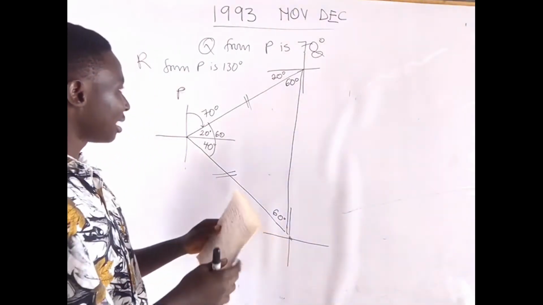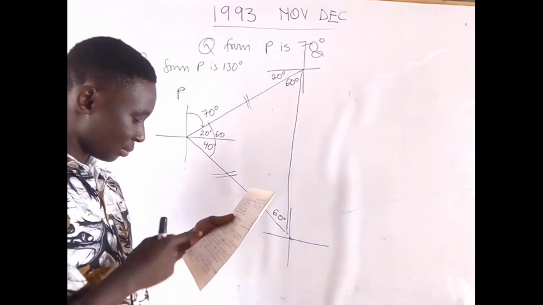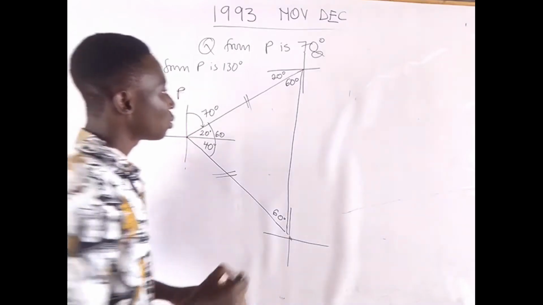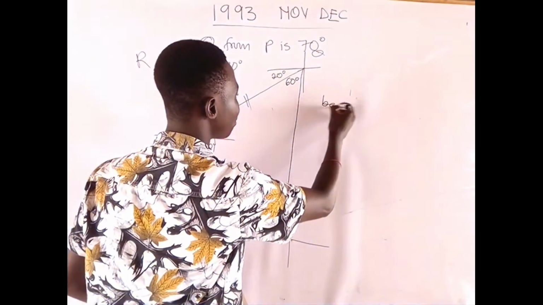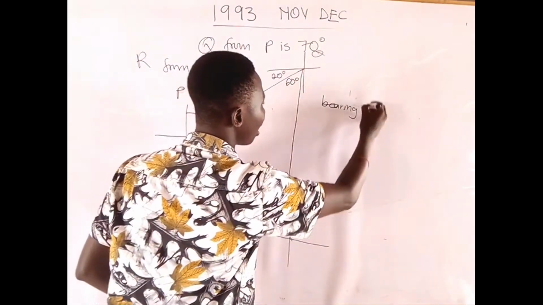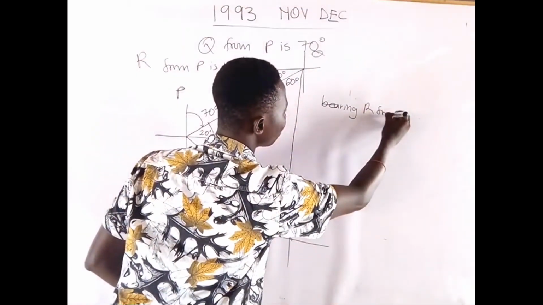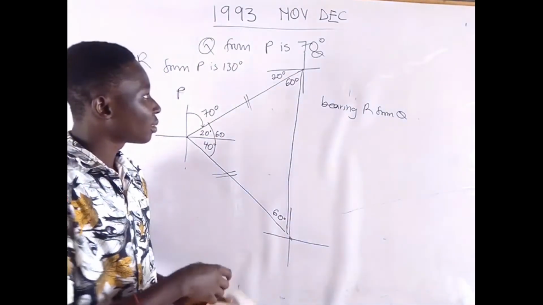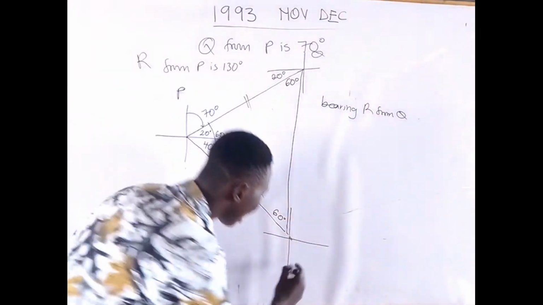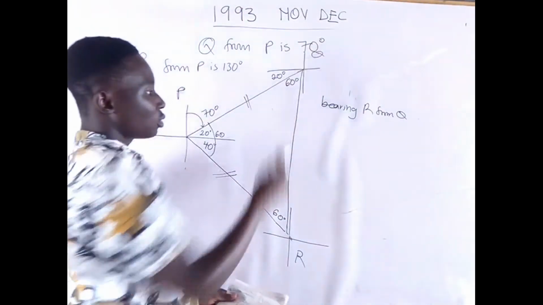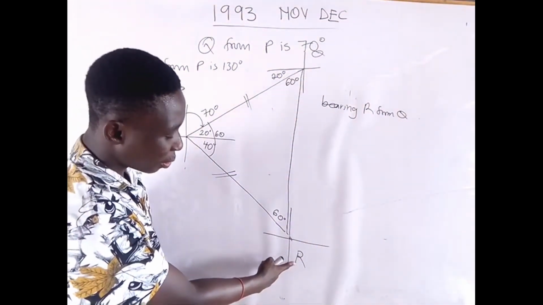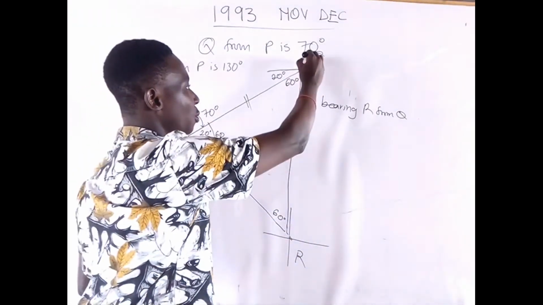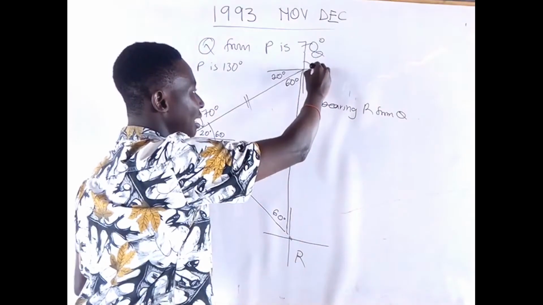So now the question says, what is the bearing of R from Q? Here is R, and this is Q. So we are looking for this bearing from here up to this point.